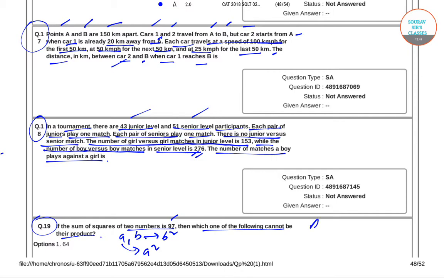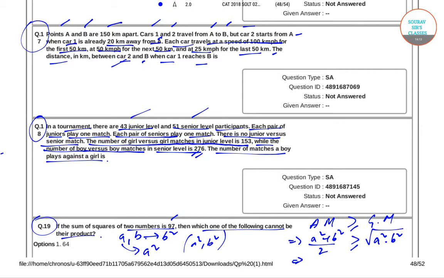Now if we apply the rule of arithmetic mean greater than or equal to geometric mean, in that case arithmetic mean of these two numbers a square and b square will be given by a square plus b square by 2, and this will be greater than or equal to the square root of a square into b square.